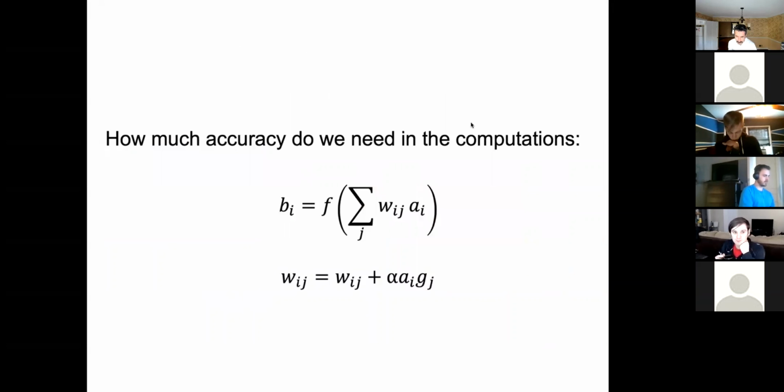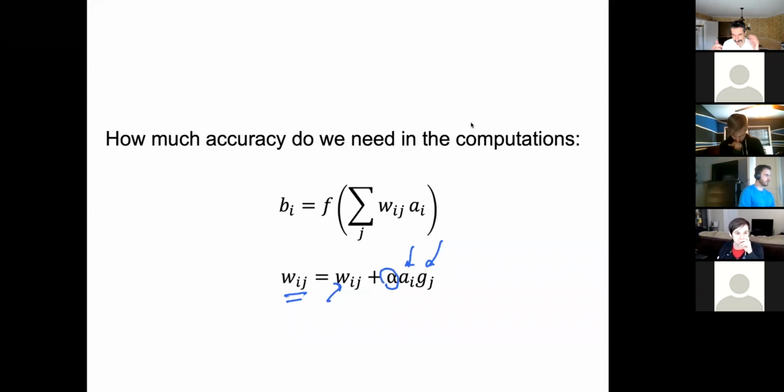And then when it comes to training, you also need to update the weights. So you multiply this activation with the gradient that you calculated, multiply it by some learning rate, and add it to the previous weight in order to update the weight.